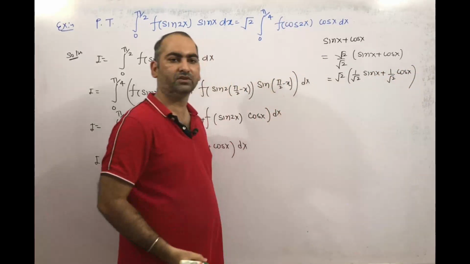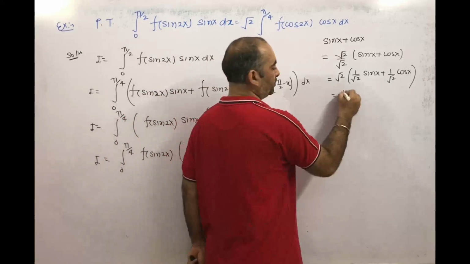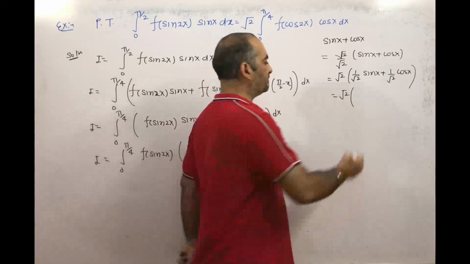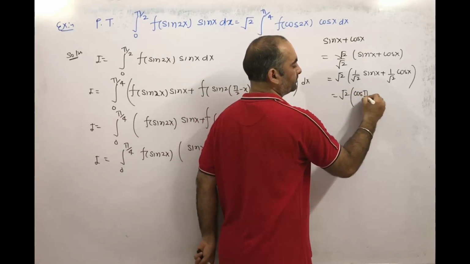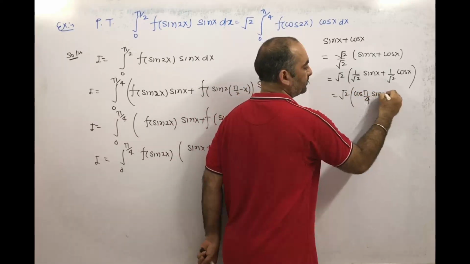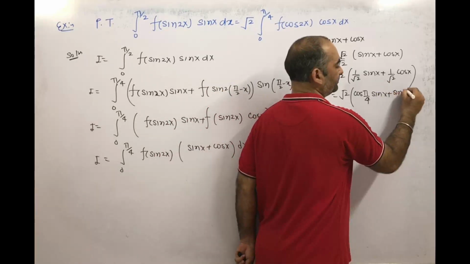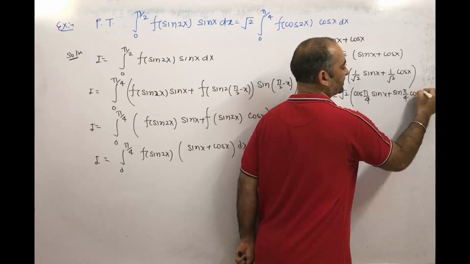Now 1 by root 2 we can write as cos pi by 4 sin x, plus this 1 by root 2 we can write as sin pi by 4 cos x.